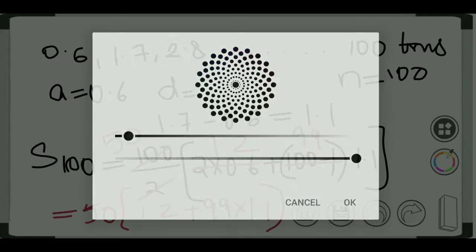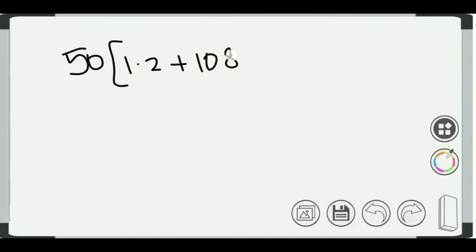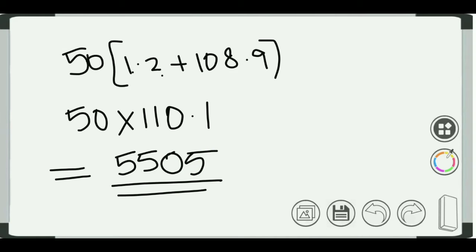This 99 into 1.1 is 108.9. So 50 into 1.2 plus 108.9 is 110.1. So 50 into 110.1 is 5505. This is your answer.